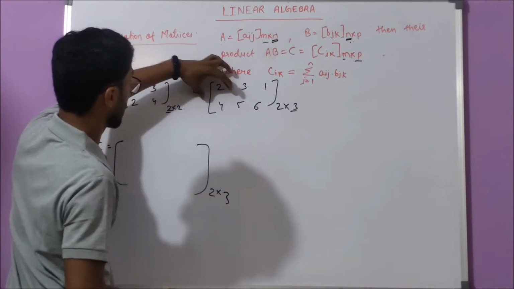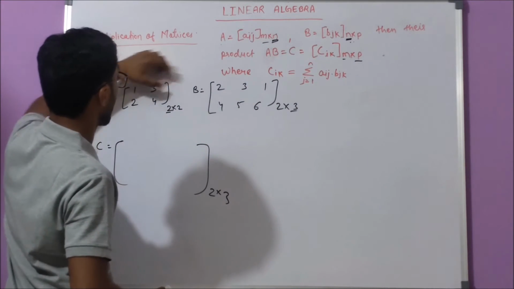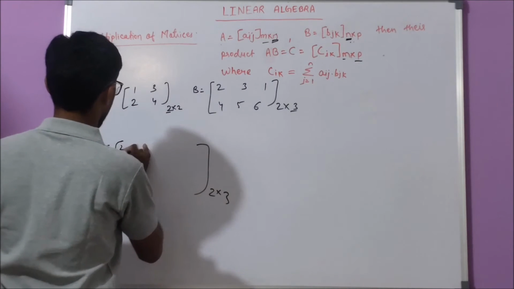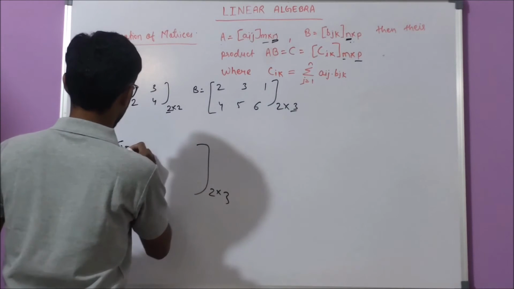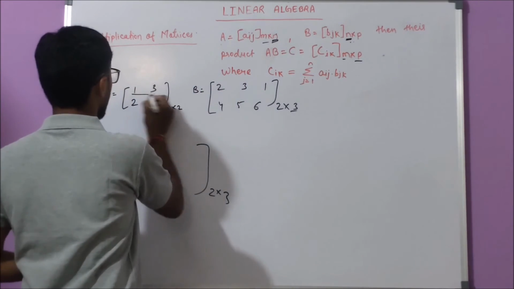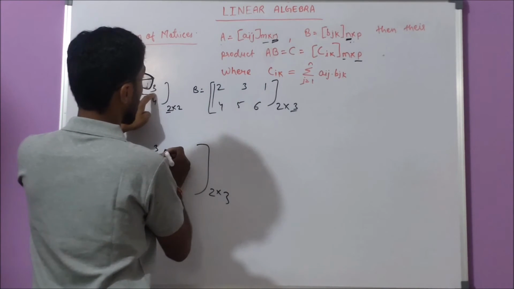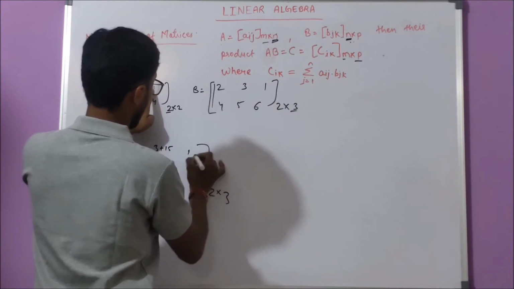So 1 3, this and this. So 1 and 3 should be multiplied with this. 1 into 1 is 2, 3 into 4, what is 3 into 4? 12. We have got this. Now 1 into 3, we have done this. Now this with this: 1 3 is a 3 plus 3 5 is a 15. 1 1 is a 1 plus 6 3 is a 18.